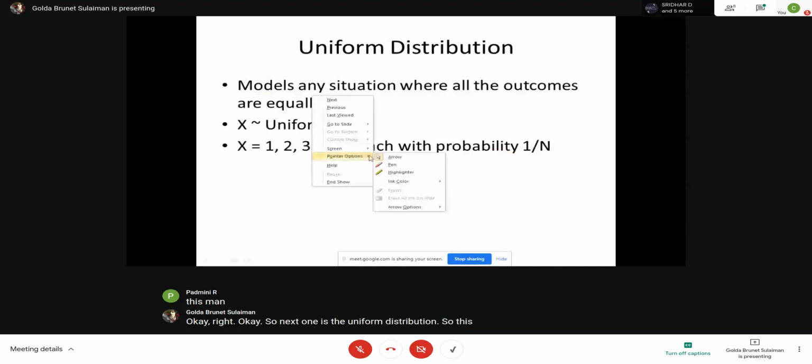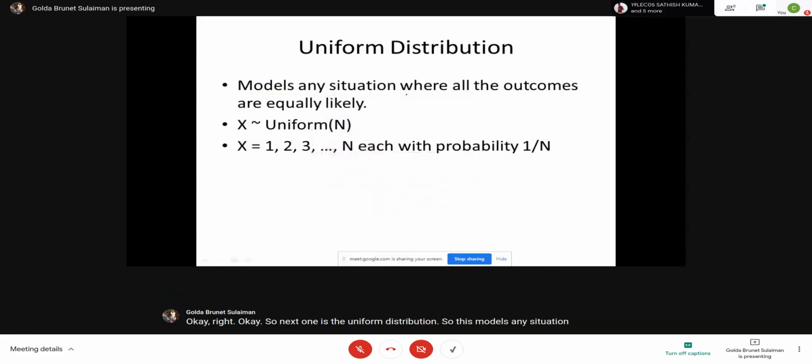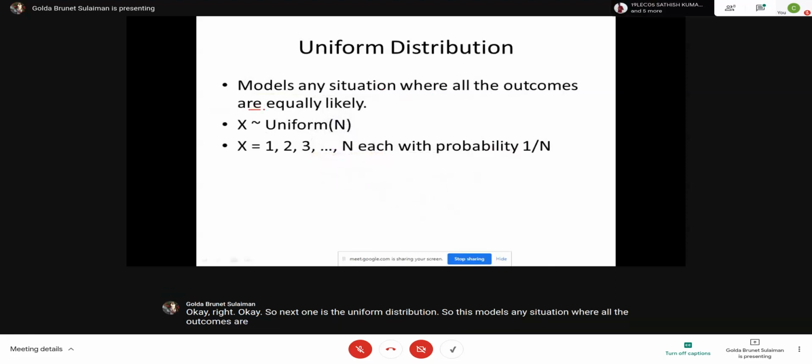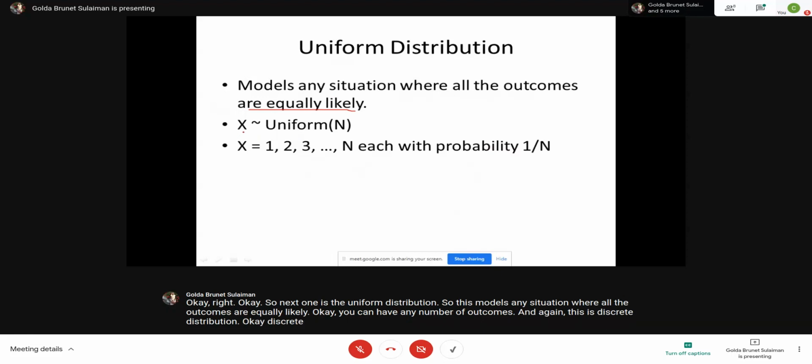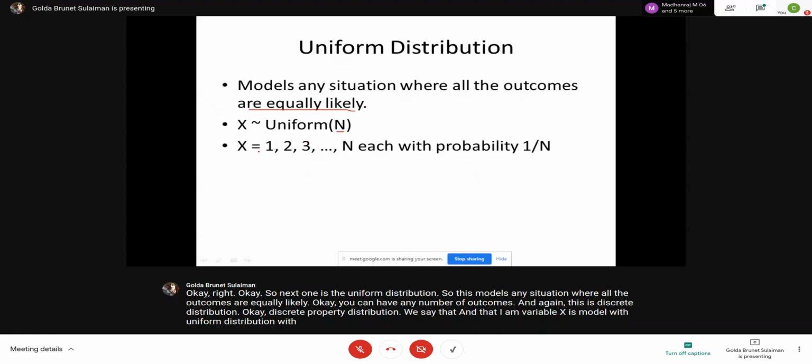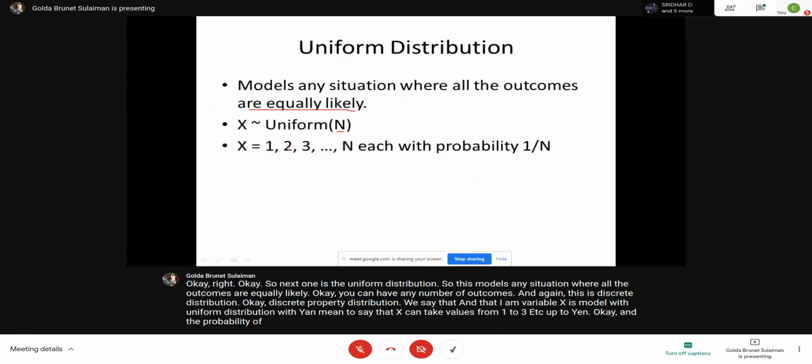Next is the uniform distribution. This models any situation where all the outcomes are equally likely. You can have any number of outcomes, and again this is a discrete probability distribution. We say the random variable x is modeled with a uniform distribution with n, meaning x can take values from 1 to n, and the probability of each outcome is 1 by n.